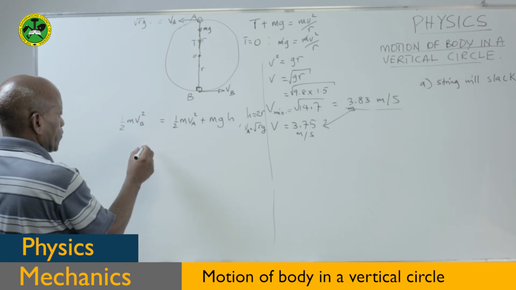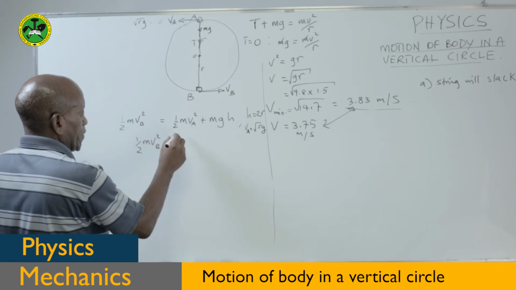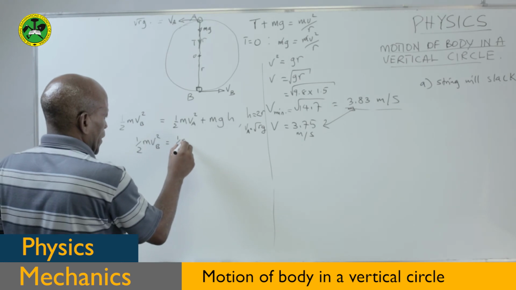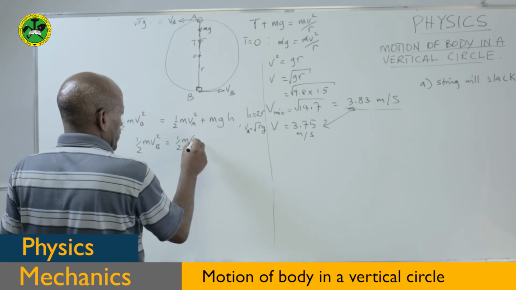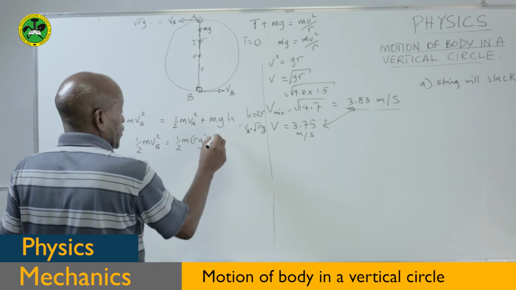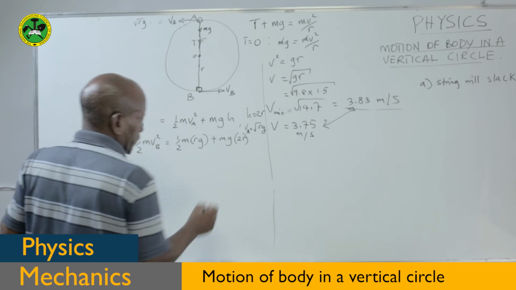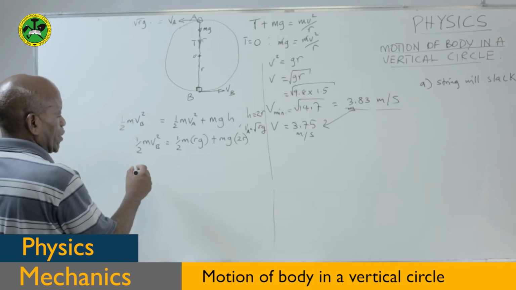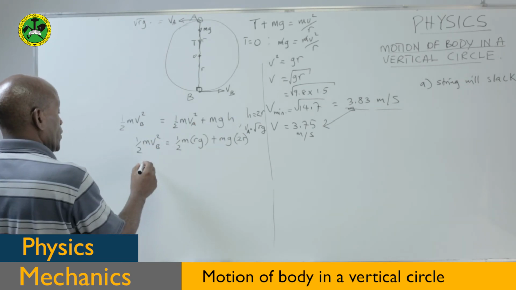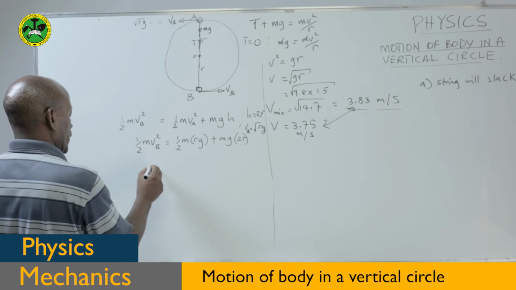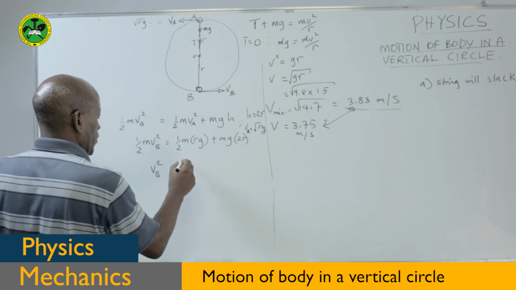So here we are going to have a half times m times vb squared, which is just equal to a half times m times VA squared, that is rg, plus mgh. So this is m times g, and h is just equal to 2r. And if we divide by m throughout and multiply by 2, then we are going to have vb squared, the 2 goes and m goes.